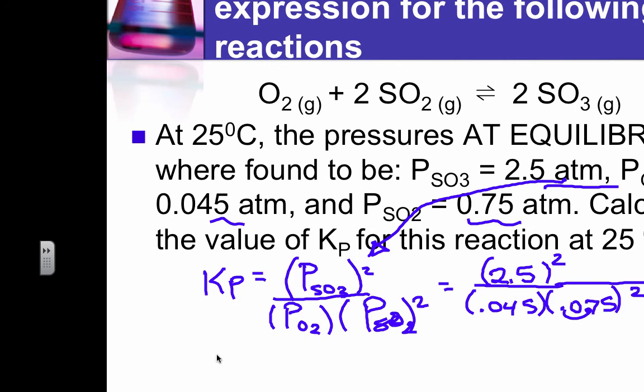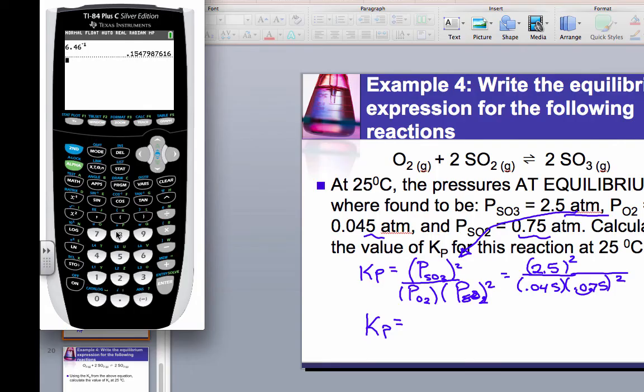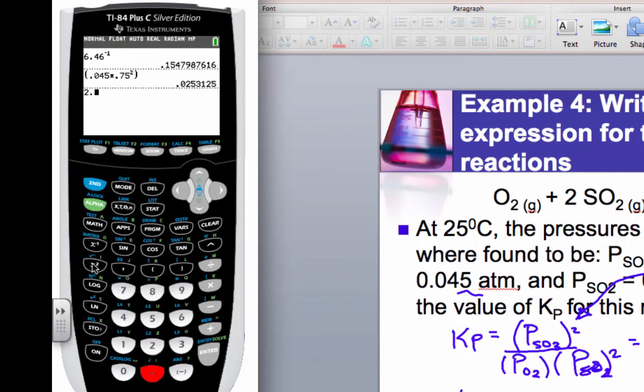Now we'll calculate the value of Kp. So I need my calculator. Okay, so I have 2.5 squared divided by parentheses 0.045, not squared, but I'm going to multiply that by 0.75, that is squared, and then close off my parentheses to enclose the denominator.